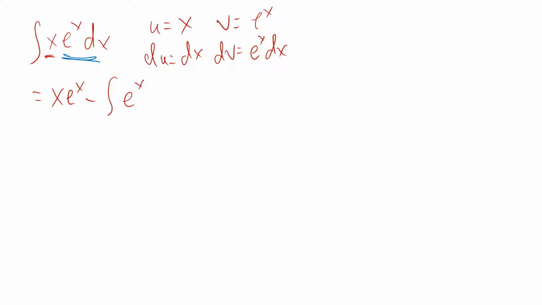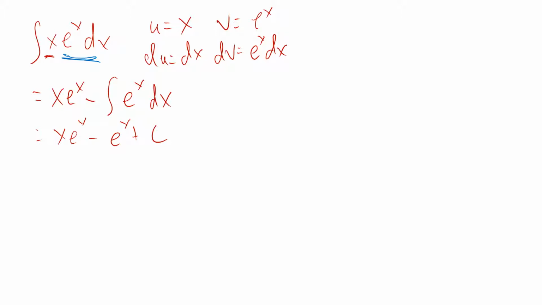That's e to the x dx. Now what's the antiderivative of e to the x? We already found it once, it's just e to the x. So this will be x e to the x minus e to the x, and this is where you'd put your plus c. So there we go. That's the antiderivative of x e to the x.